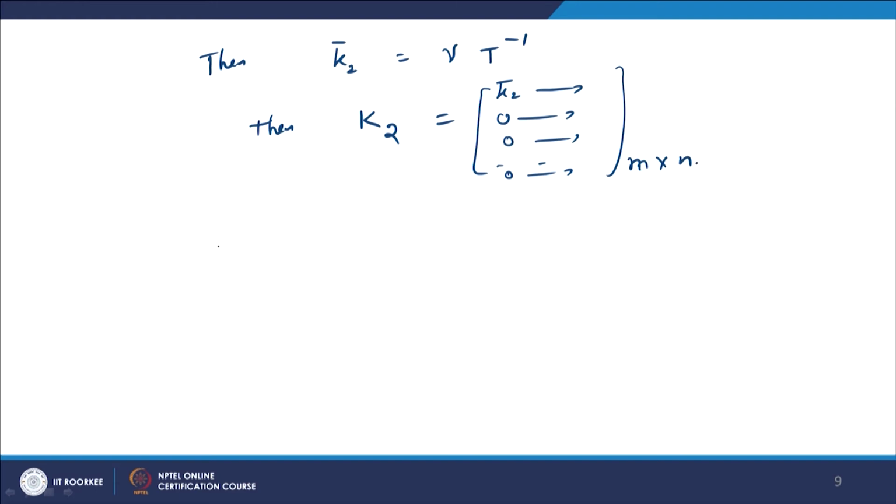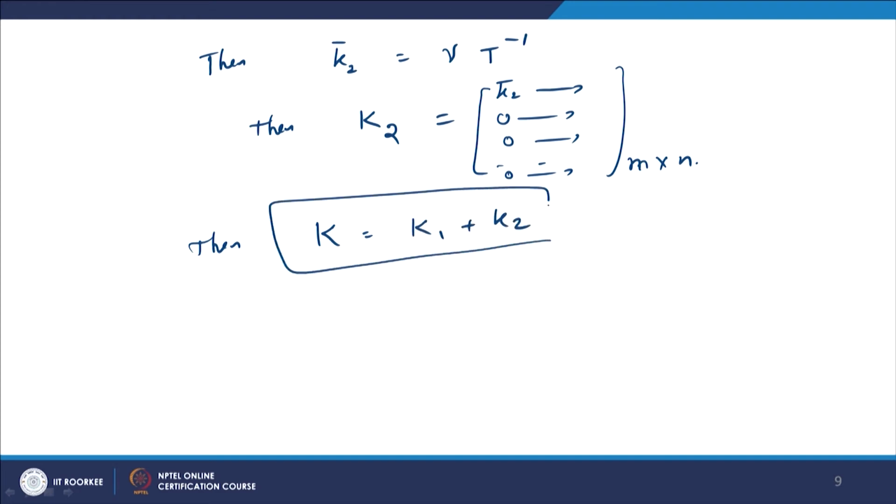Then the required matrix is K1 plus K2. This can be calculated because all the values are available, gamma is there, T inverse is there, and by substituting we get the feedback matrix.